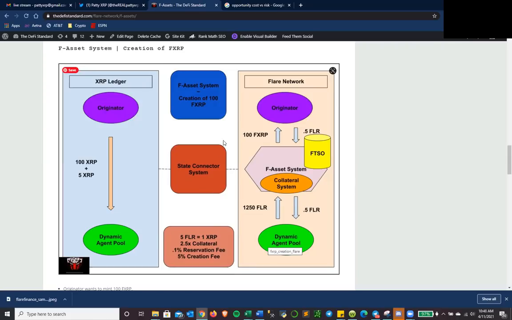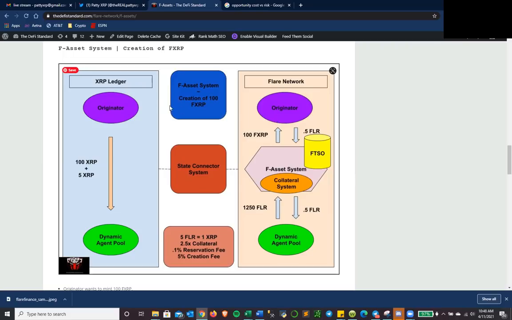To start off, if you want to mint FXRP, you'll deliver a small reserve, reserving your spot within the collateral system so that an agent or multiple agents can provide you with Spark as collateral.